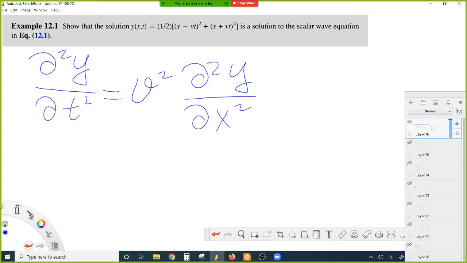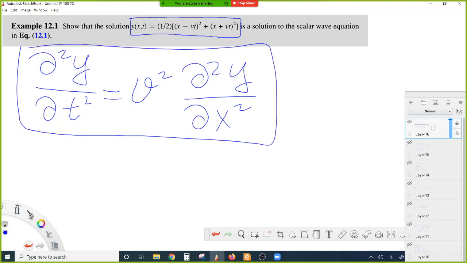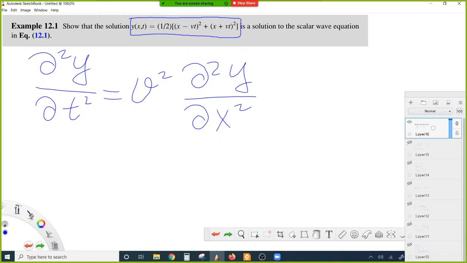Here we are given the function y, and we need to show that the function y is a solution for this wave equation. How do we proceed?